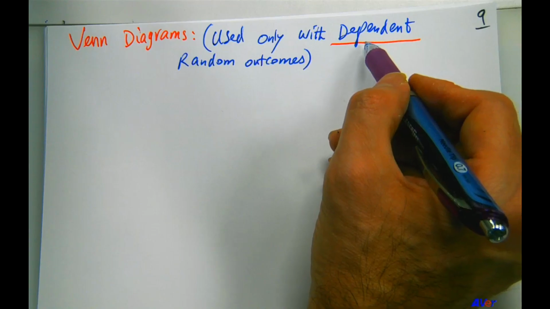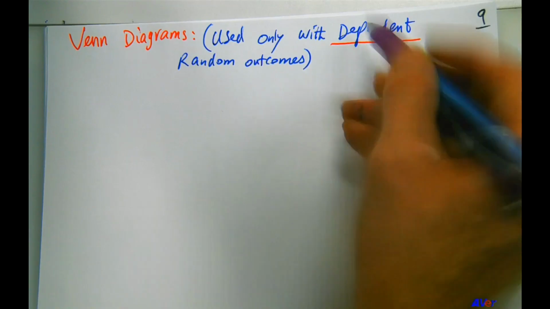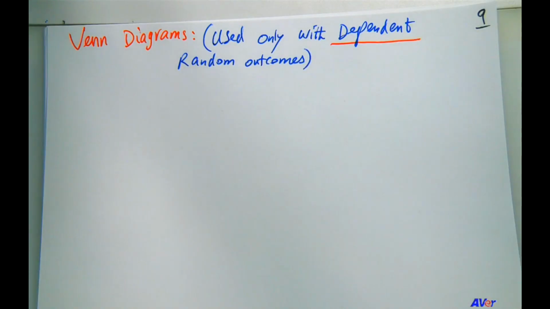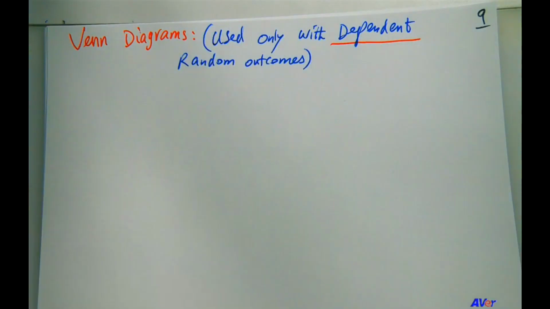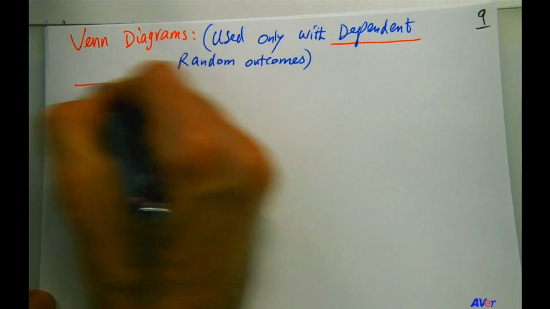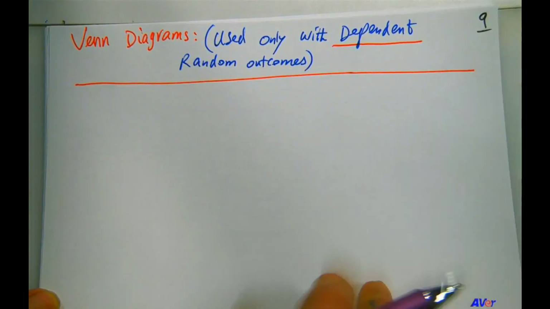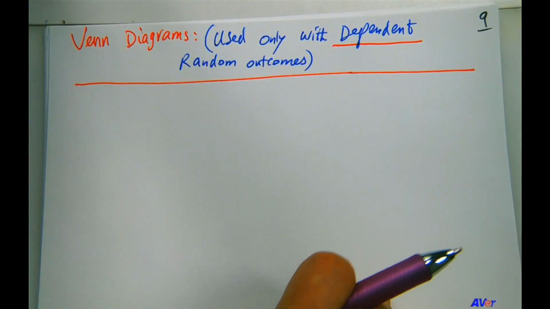We haven't gotten that far yet. We will. But at this point, I just want to mention very briefly that Venn diagrams are used only with dependent events, not with independent ones. Okay, so independent events cannot be shown using a Venn diagram.